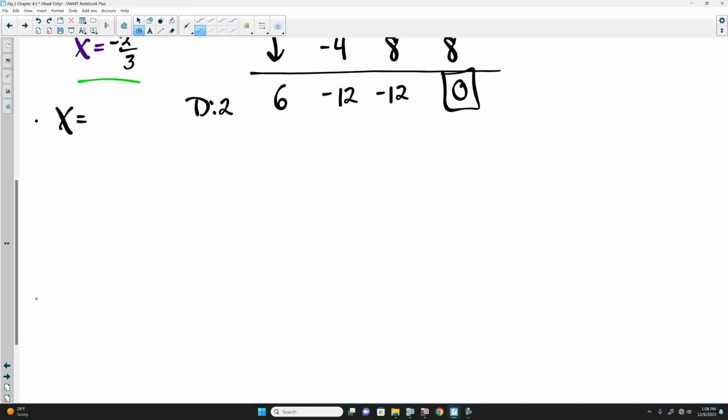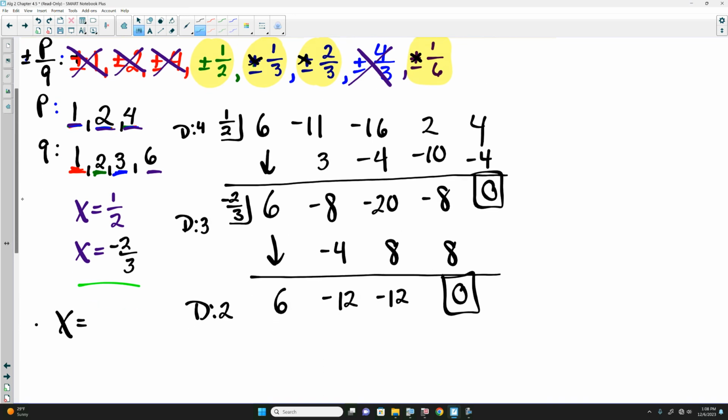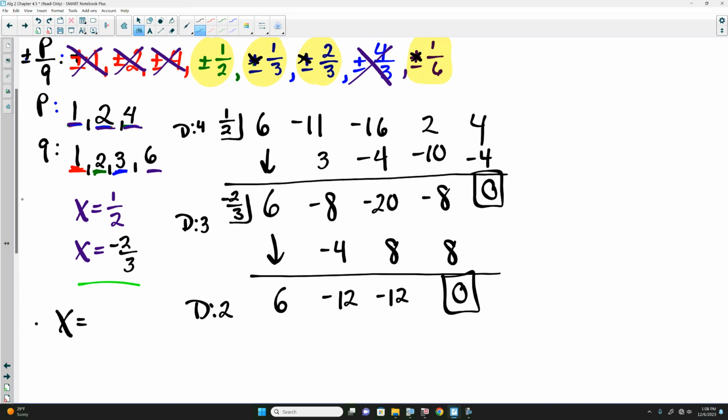To be honest, the part where we looked at the plus or minus 1/2, plus or minus 1. So P over Q, like all of this up top. Right, all of that over Q. What are the P values? 1, 2, 4. Divided by 1, divided by 1. I know that part, but like right after that.